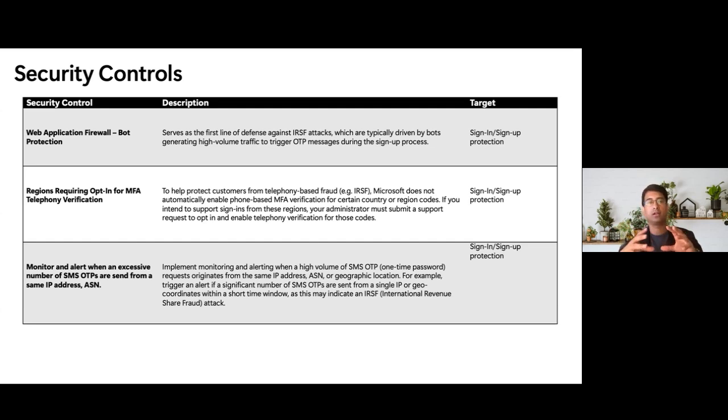Most of the time, those OTP requests are not going to be fulfilled, because the attacker is not necessarily interested in completing the flow. They just want to send the OTP, and that is good enough. Once this type of activity takes place, you can set up an alert that will trigger.